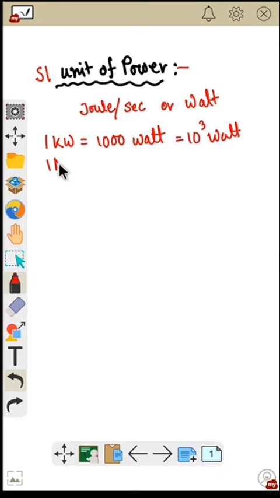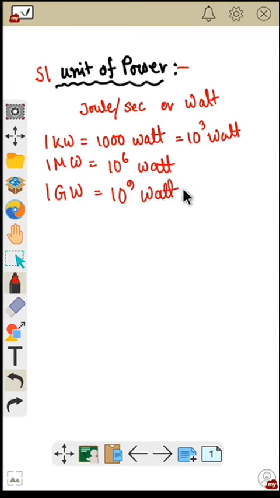Similarly 1 megawatt. 1 megawatt is 10 to the power 6 watt. 1 gigawatt, that is 10 to the power 9 watt.